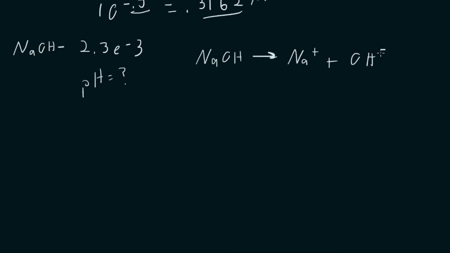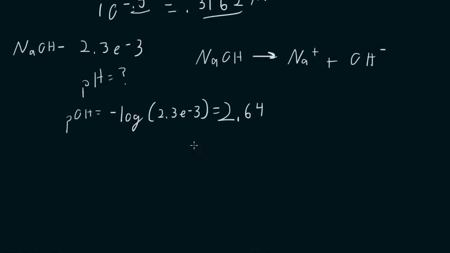We don't have any hydronium here. So we can't directly calculate the pH. So in this case, we need to calculate the pOH first. And so the pOH is going to be equal to the negative log of that 2.3 E negative 3. So let's find that first. And so our pOH is 2.64.